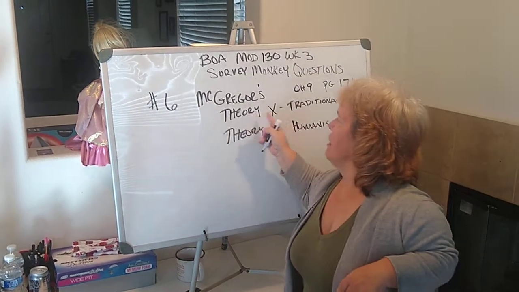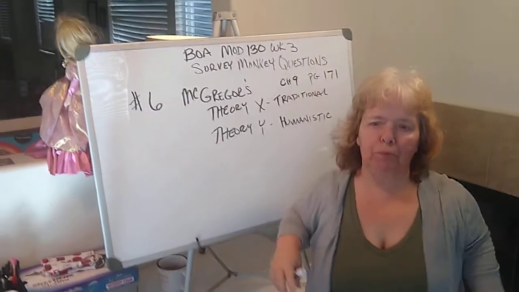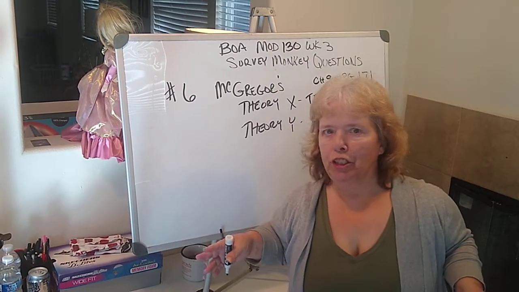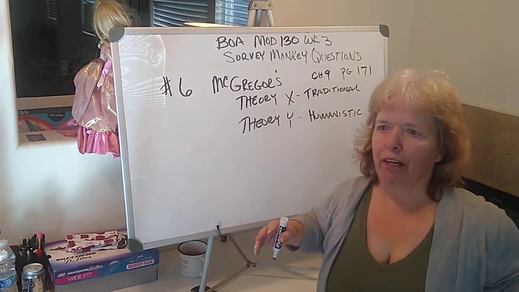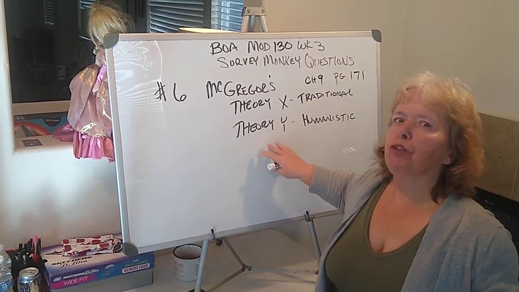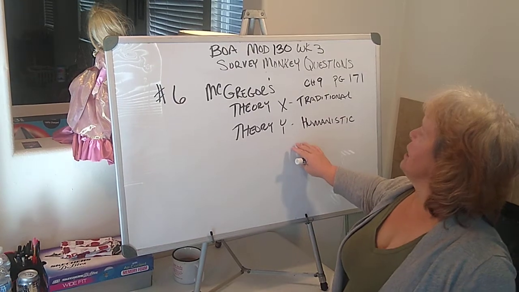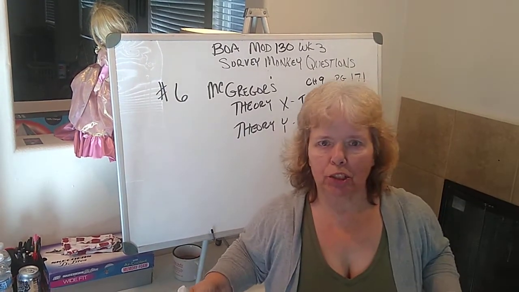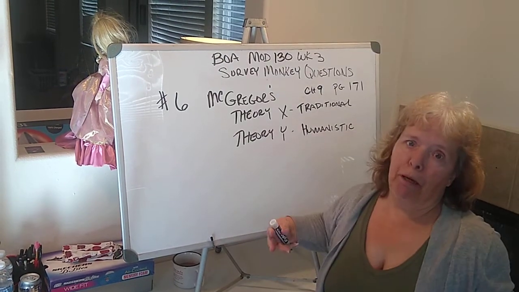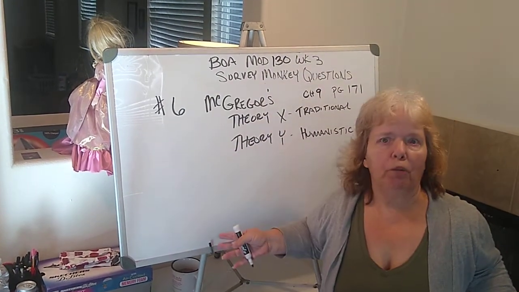Theory X, management believes that employees have to be forced to work. In other words, if you're not watching them or setting rules, they're going to slack off. Whereas theory Y puts trust in the employees, saying that if you give them the right conditions, they'll want to do a good job. The truth is, and this is my opinion, I think there's a balance between both of them.